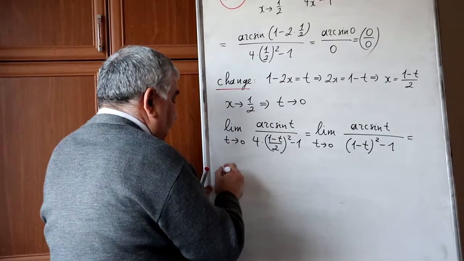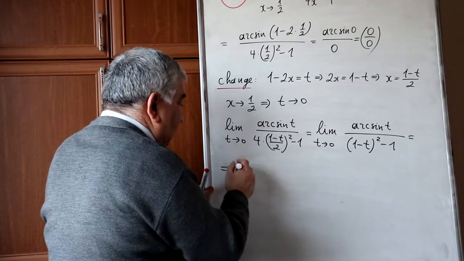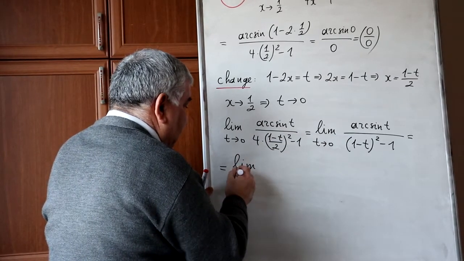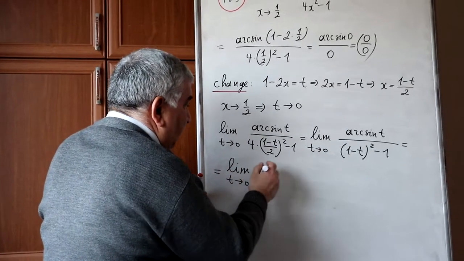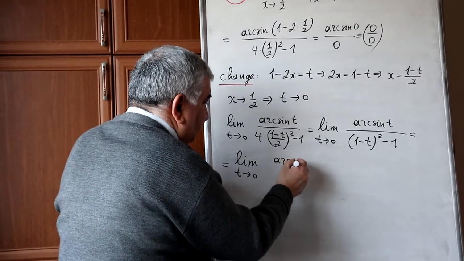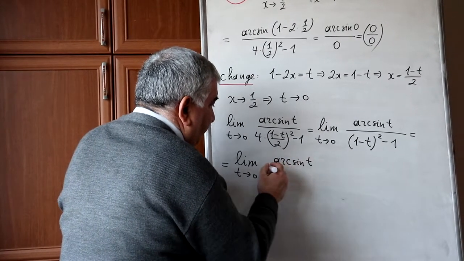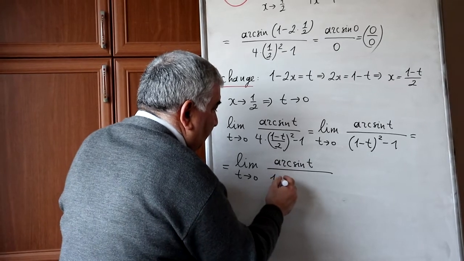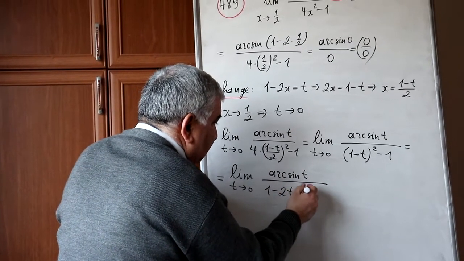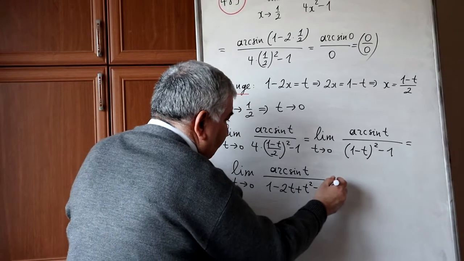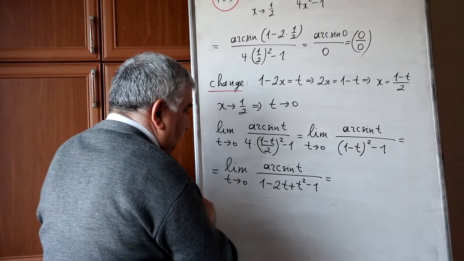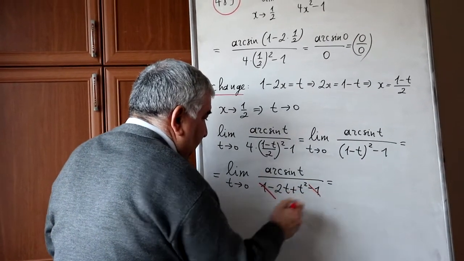Then transform the denominator, limit when t tends to 0, arcsine t over 1 minus 2t plus t squared minus 1. Here 1 and minus 1 are removed.